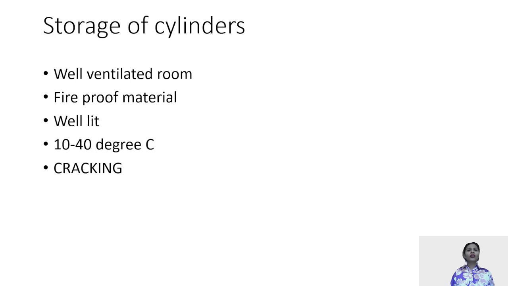Then storage: the cylinders have to be stored in a well ventilated, fireproof room, at a temperature of 10 to 40 degrees Celsius. In previous years, an assertion-reason question has come on the cracking of cylinders. Cracking is a protective concept to prevent flash fires.